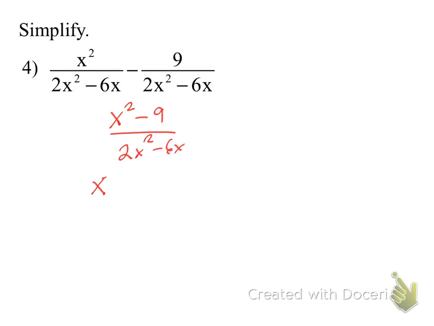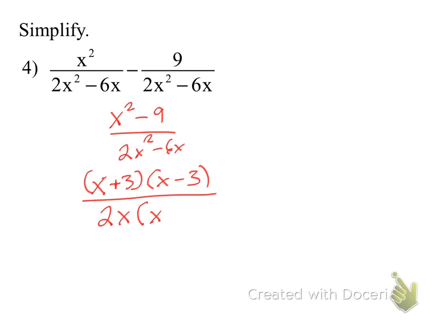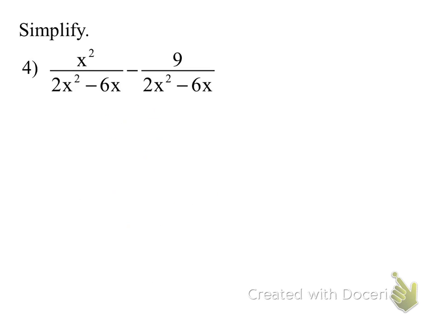The numerator we're going to factor to x minus 3, x plus 3, all over, then you get GCF 2x, 2x, and you get x minus 3. Okay, and then to simplify, you can cancel out the x minus 3, and we have x plus 3 over 2x. Okay, questions? All right, 3 more problems.